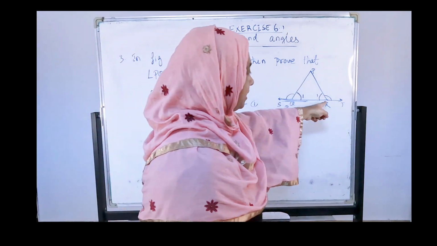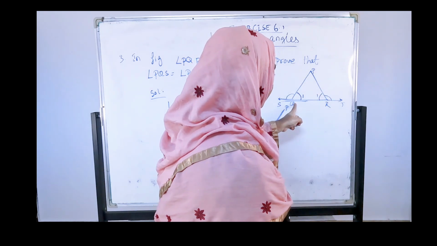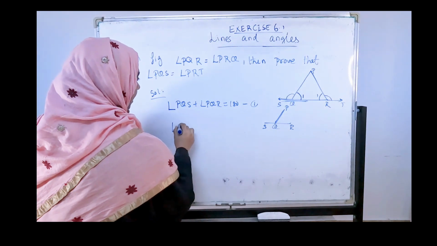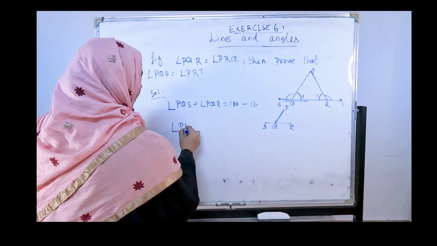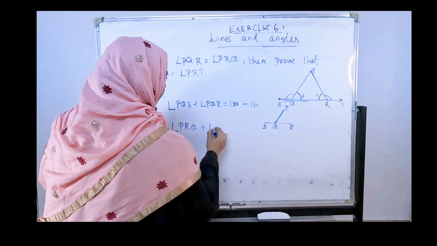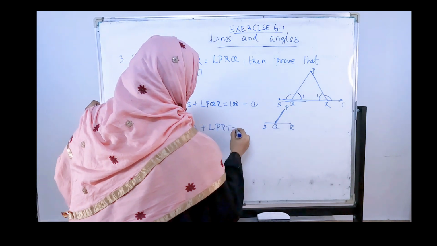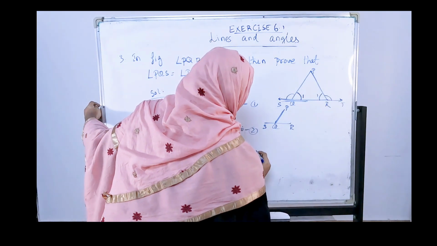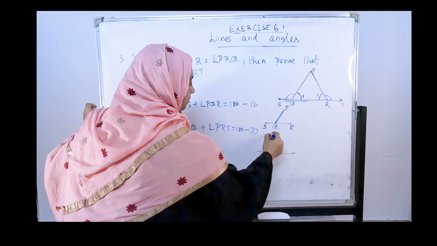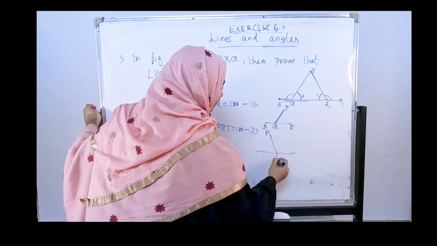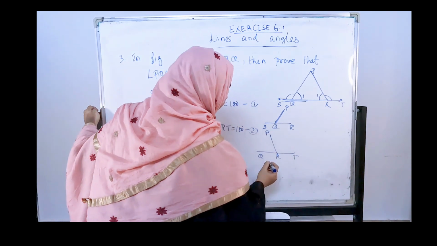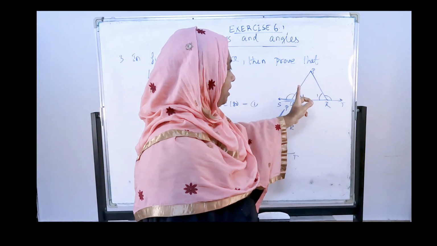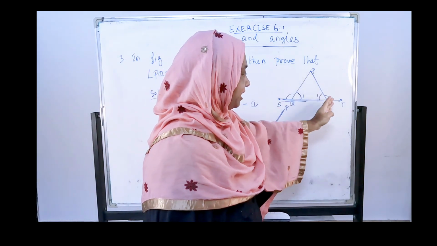As well as, coming to this side, angle PRQ plus angle PRT, that is also 180 degrees. Call these 1 and 2. That means this part we take like this: one part of the triangle we took, then the next part of the triangle we took.